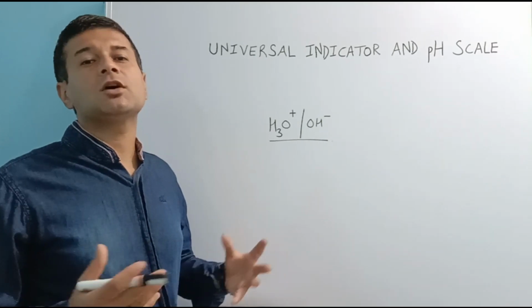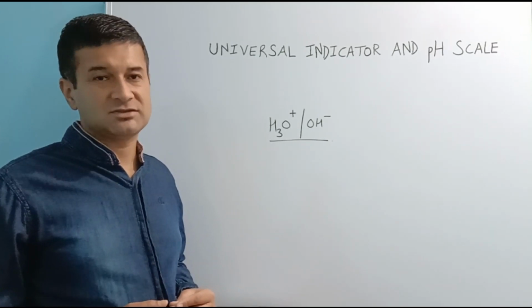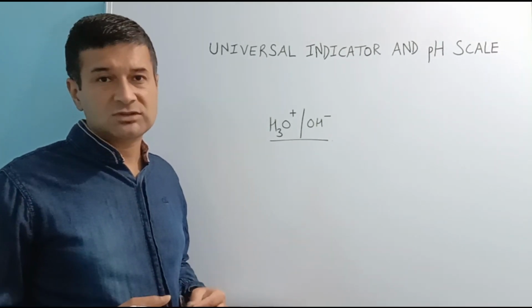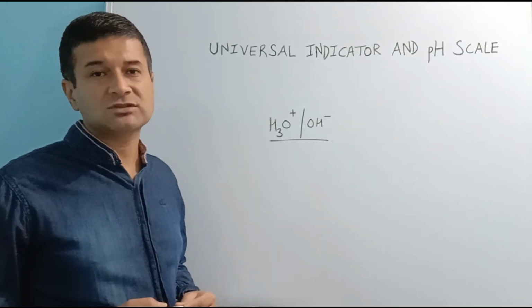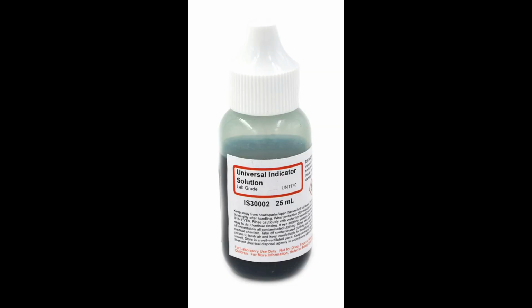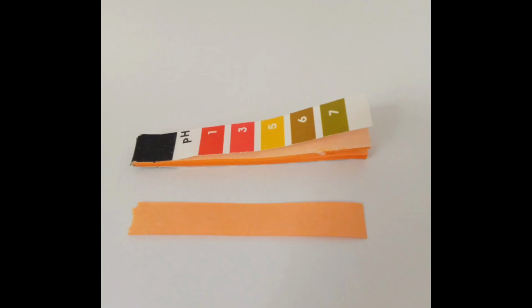It is a mixture of many indicators. The universal indicator shows different colors at different concentrations of hydrogen ions in a solution. Universal indicators are available in solution form or as pH paper strips.